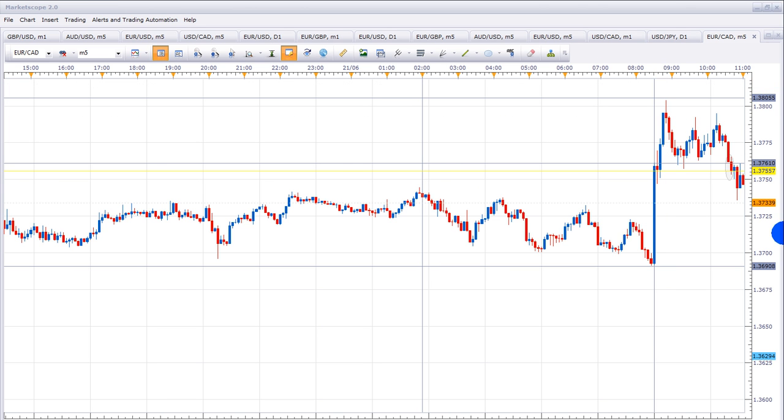All right, so with a stop at 3805 and the entry at 3755, we have about a 50 pip stop loss. So similarly, we can have a 50 pip take profit.